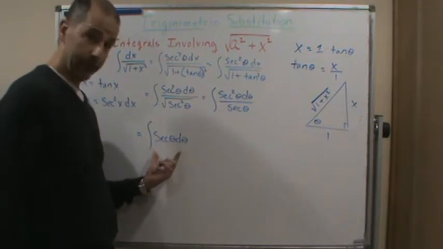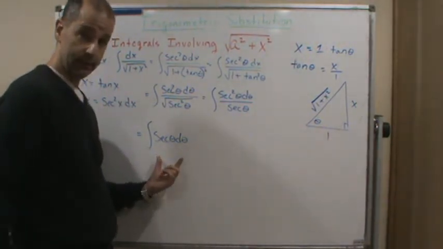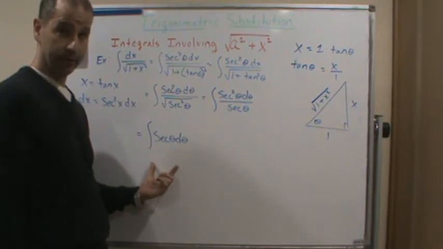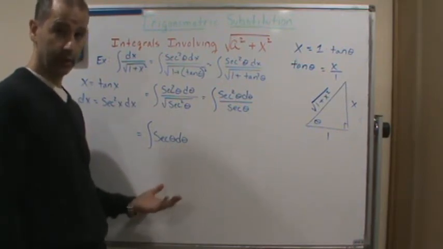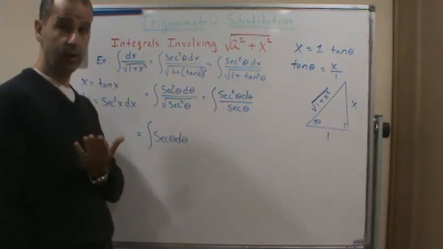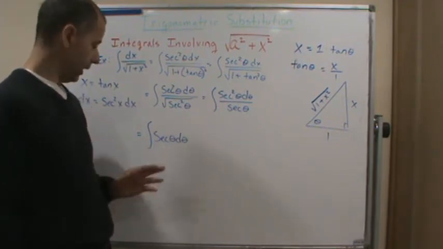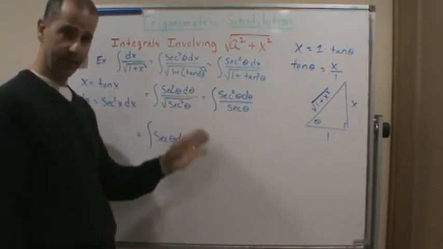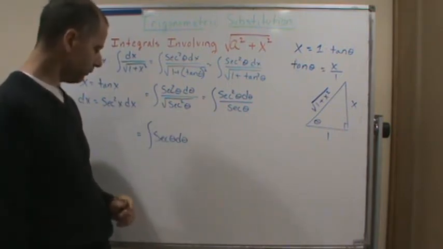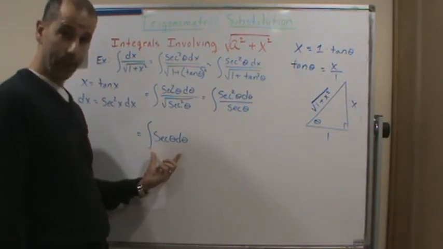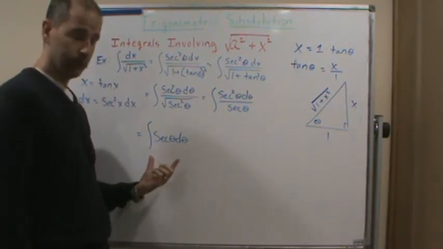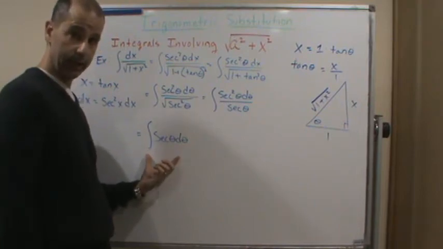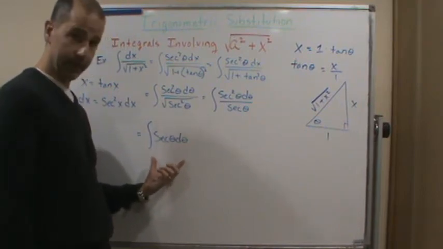At this point, you're going to want to know the integral of secant theta, the antiderivative of secant theta. Make sure you know it, otherwise you're going to have to derive it. I'm not going to take the time to show you how to derive that. That's another video. Go back to your textbook or do a Google search on integrating secant theta d theta.